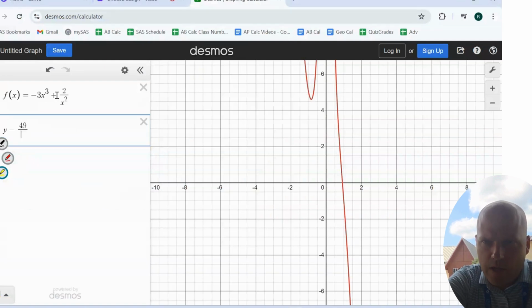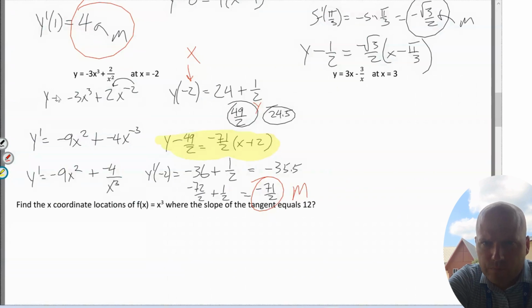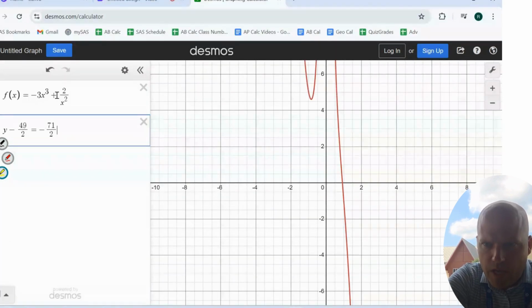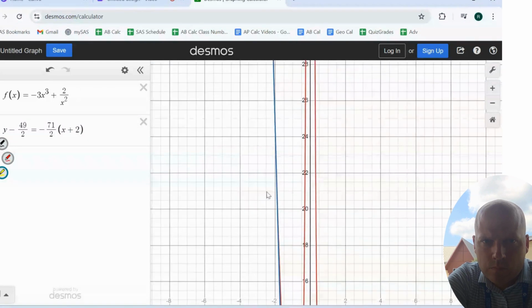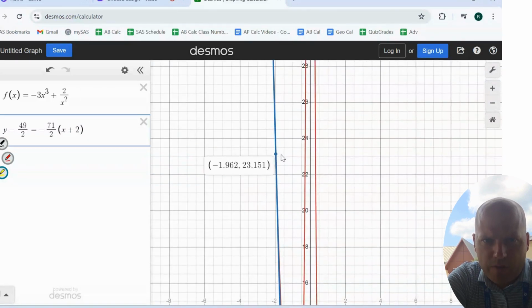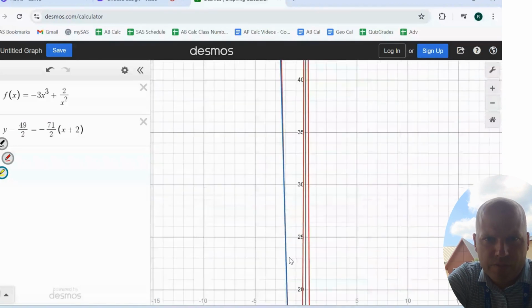Y minus 49 halves equals negative 71 halves x plus 2. Bam. It's somewhere around here, but you can see it. It's beautiful.